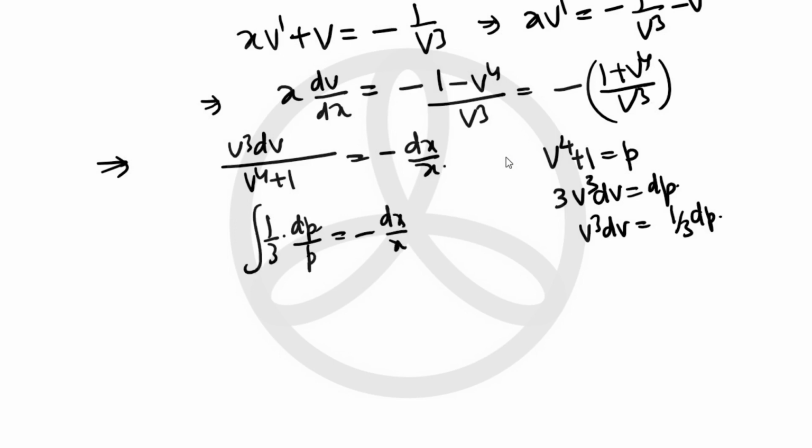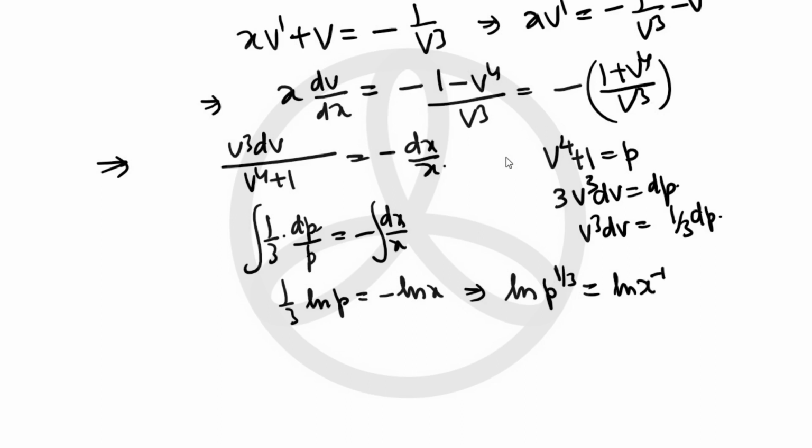Now we apply integration on both the sides, and we get 1/4 ln p, and this is minus ln x, plus I'll add a constant of integration ln c, right? And this will give us p to the power 1/4 is equal to c over x.